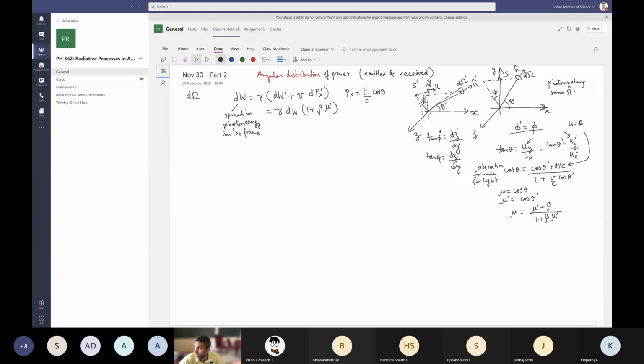E is the energy of the photon. You know momentum is E by c for particles, but this is the x component. So you take cos theta prime, because this is written in the particle rest frame. So this is dW prime, right? Clear? So this is how the energy in the lab frame and the energy in the rest frame are related.